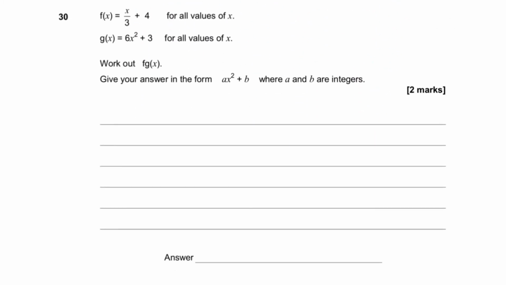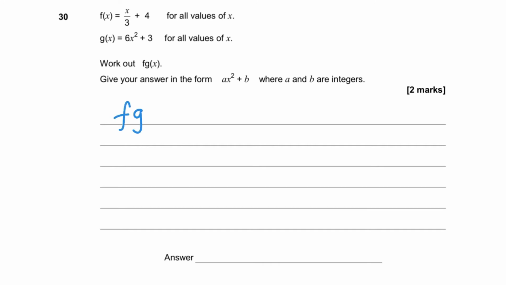So this question says f(x) equals x divided by 3 plus 4, g(x) equals 6x squared plus 3. Work out fg(x). Give your answer in the form ax squared plus b, where a and b are integers. Because the g function is closest to the x in the list of functions, we need to put x through the g function first.